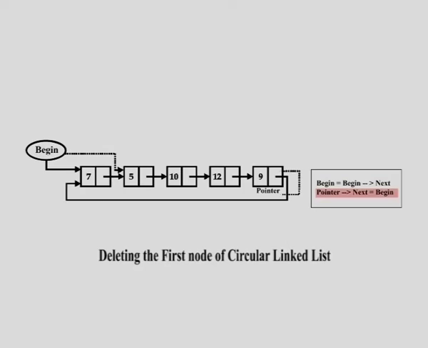Secondly, the next part of last node will hold the address of second node, which is the address of node containing element 5. Here the address of last node is pointer, therefore pointer's next is equal to begin.